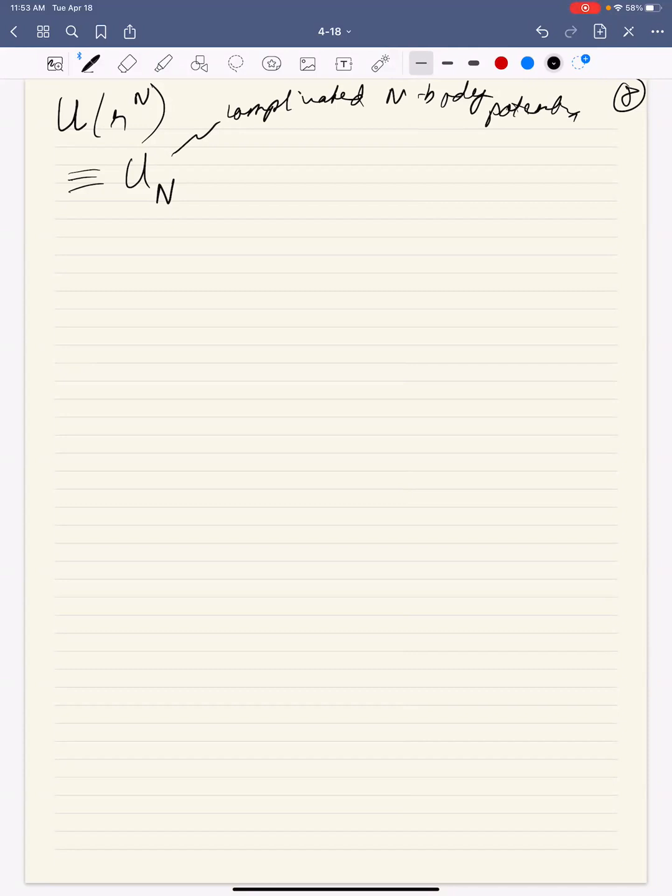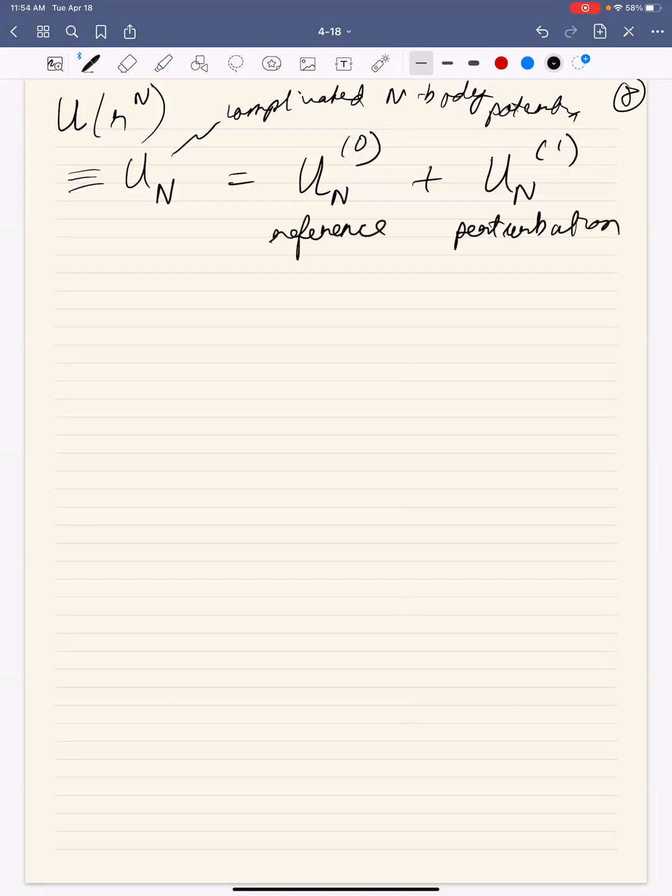Let's think about this as coming from some reference n-body potential. So we call it superscript 0, okay? Plus a perturbation on that reference potential, okay? Which we call superscript 1. Perturbation, and this is reference.